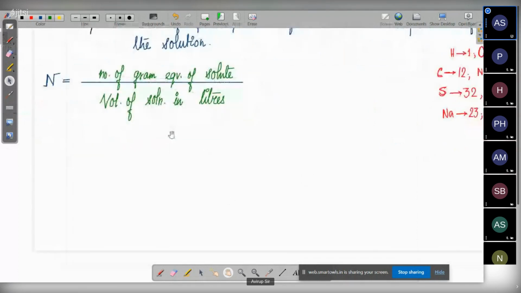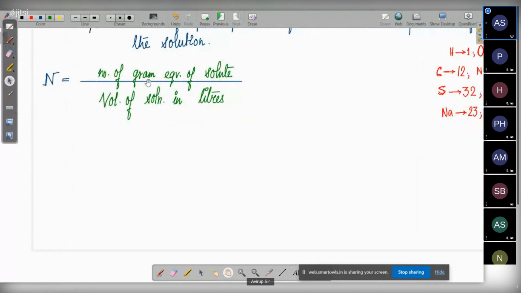So the basic formula for normality is number of gram equivalent divided by the volume of solution in liter. Okay. Now how do you calculate number of gram equivalent?